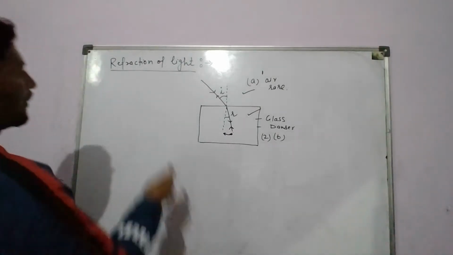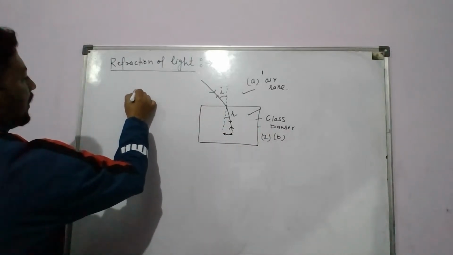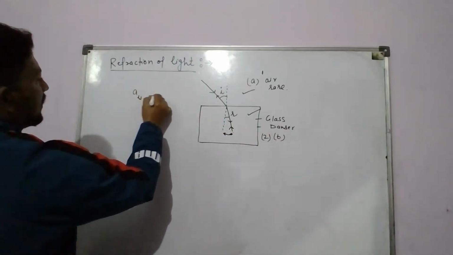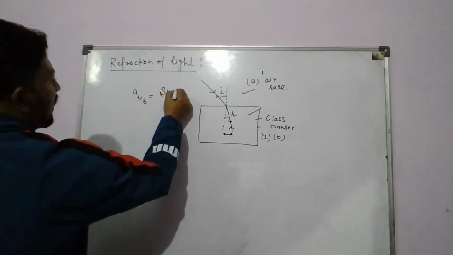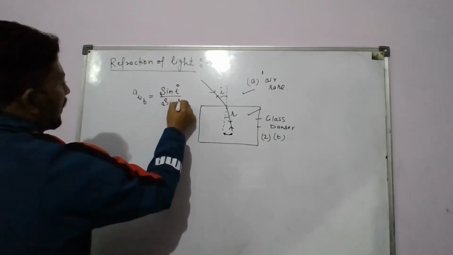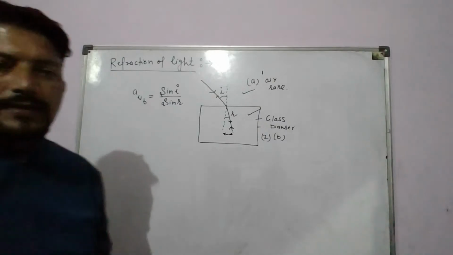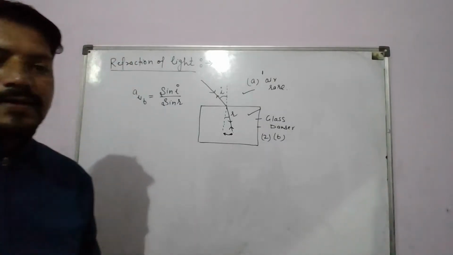We write here, suppose it's A medium, and this is your B medium: A mu B is the ratio of sine of the angle of incidence to the sine of the angle of refraction. A mu B is equal to sin i upon sin r. This is also called Snell's law.